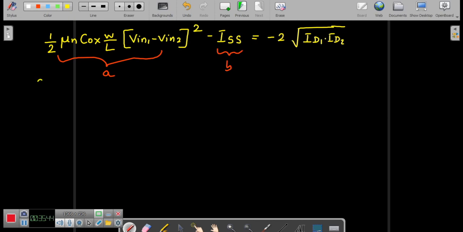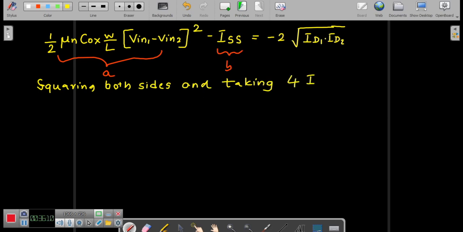You just write squaring both sides and taking 4 into ID1 ID2. So this will now become 4 into ID1 ID2 after having squared it.